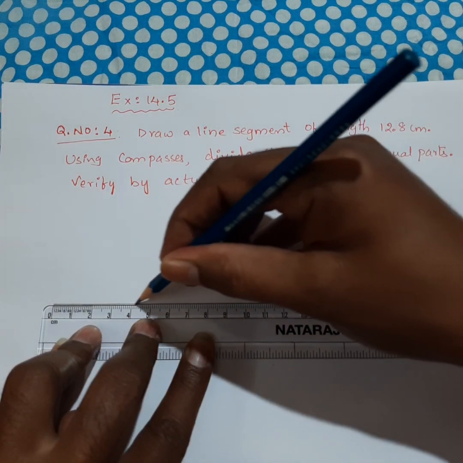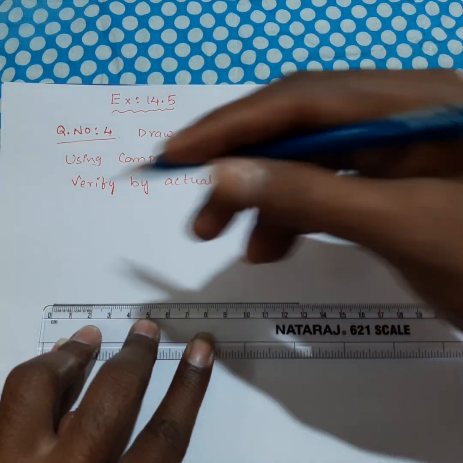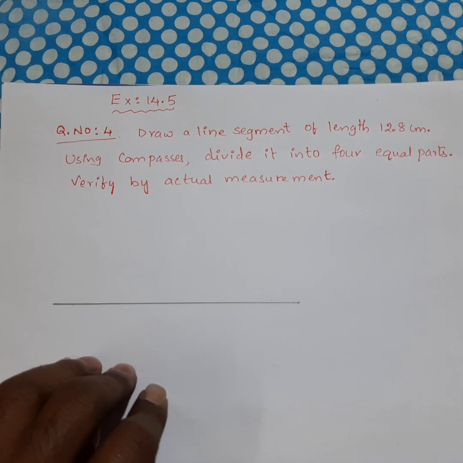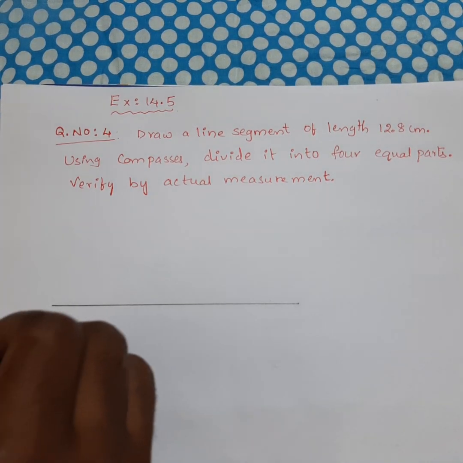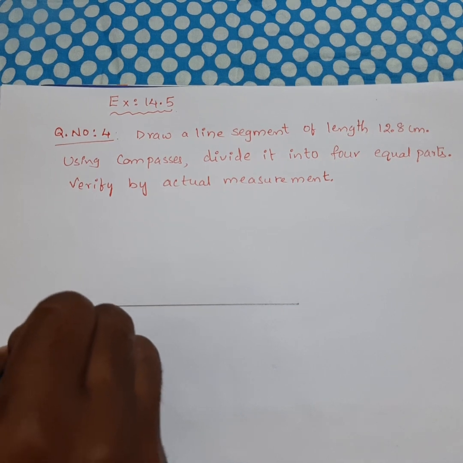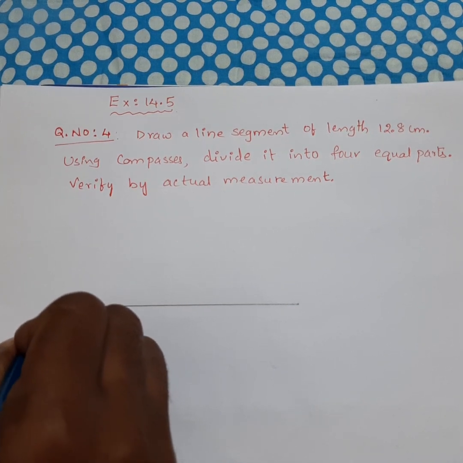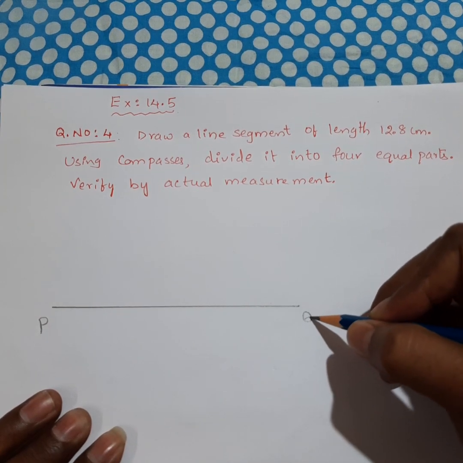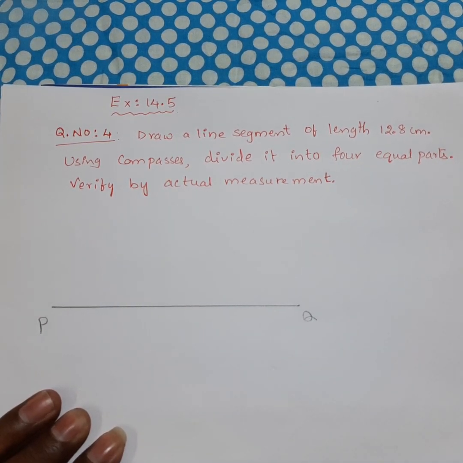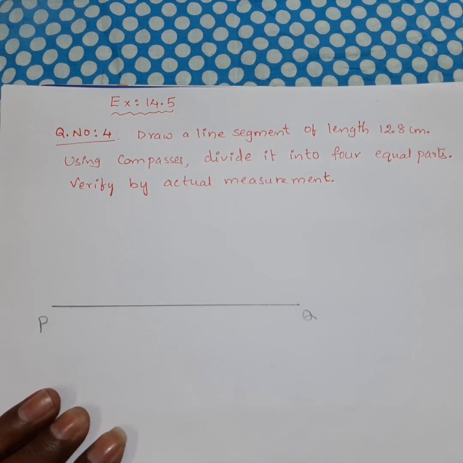So draw the line segment of 12.8 centimeters. Give a name to this line segment. Let us take PQ, P as well as Q. PQ is the line segment of 12.8 centimeters. For this, we need to draw 3 perpendicular bisectors.